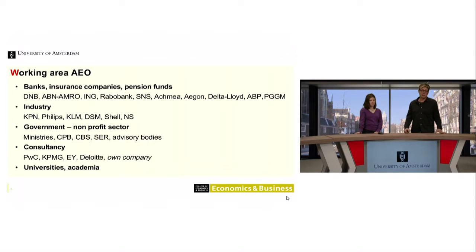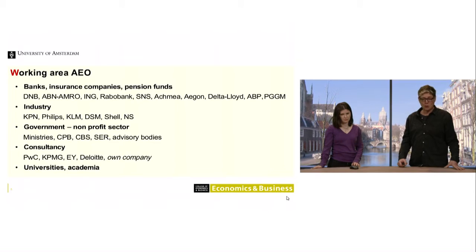You can think of banks, insurance companies, pension funds, but also the bigger firms in the industry. Econometricians are always in high demand. Also, in government, the non-profit sector, consultancy, and if you opt for an academic career, you can also do it.